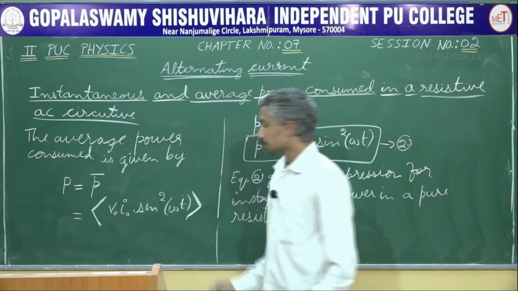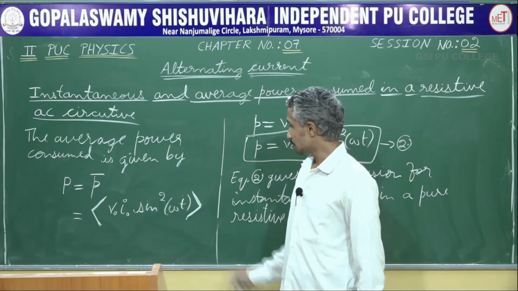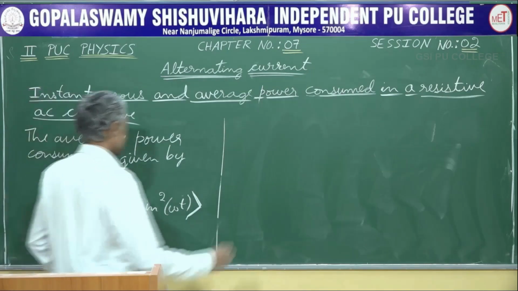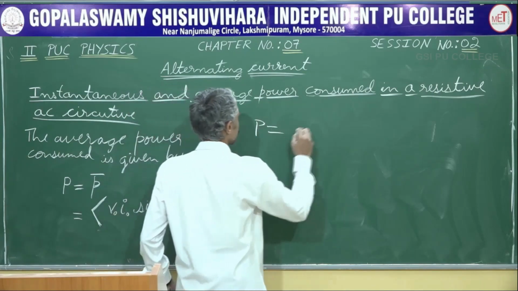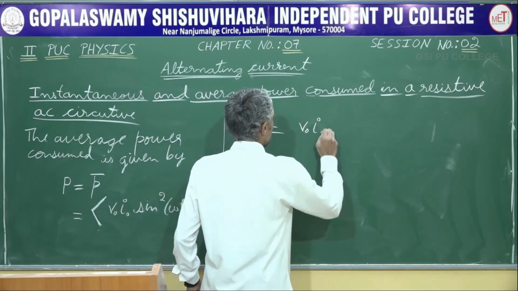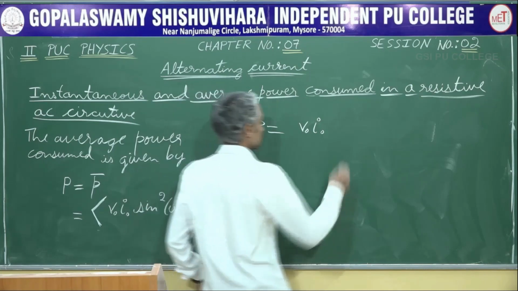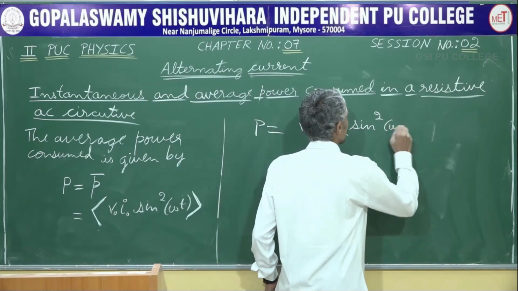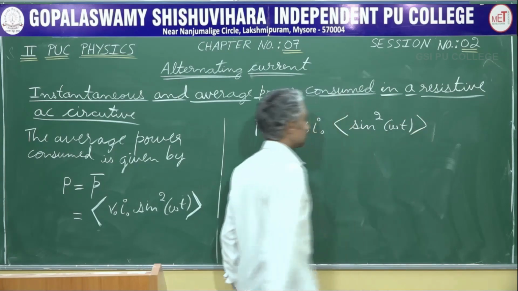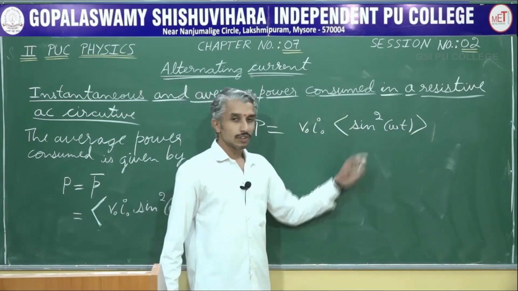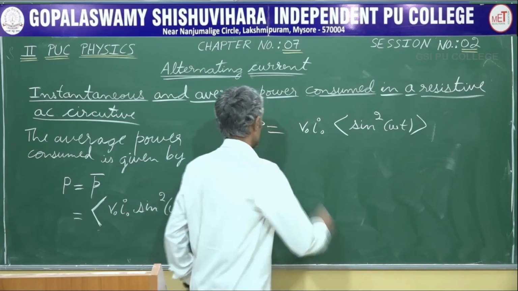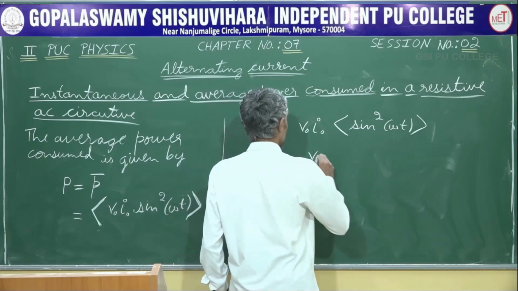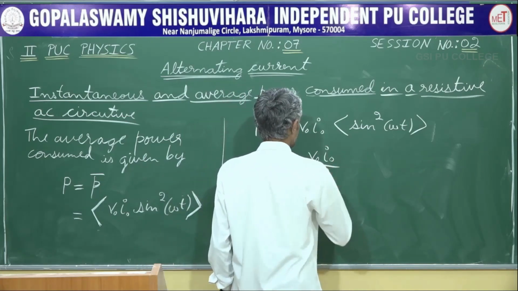These brackets represent the average of the value. Further, write this as V naught and I naught are the peak values which are constants, into average of sin square omega t. The average value for sin square omega t is half. So, you will get this as V naught I naught by 2.